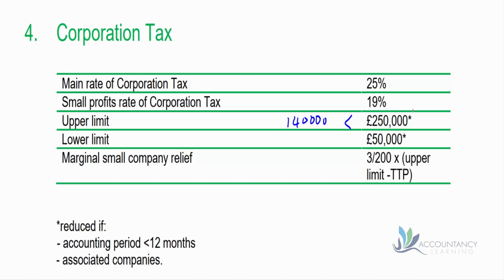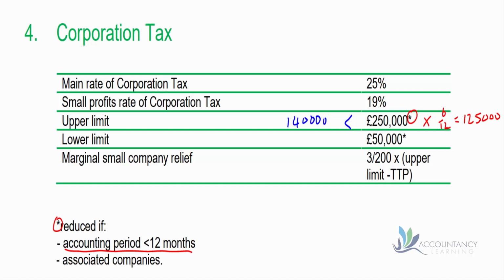But again, remember that our upper limit is reduced if the accounting period is less than 12 months. So they've only got a 6-month period now. So what we need to do is multiply the upper limit by 6 months over 12, and that gives us 125,000.